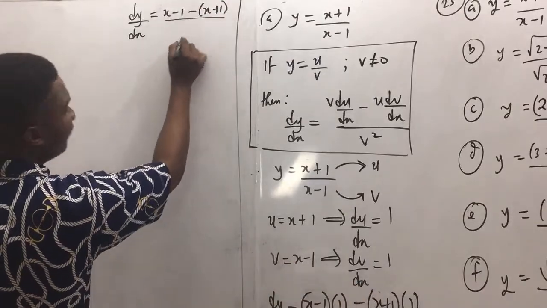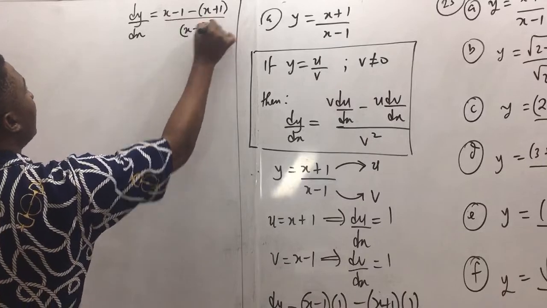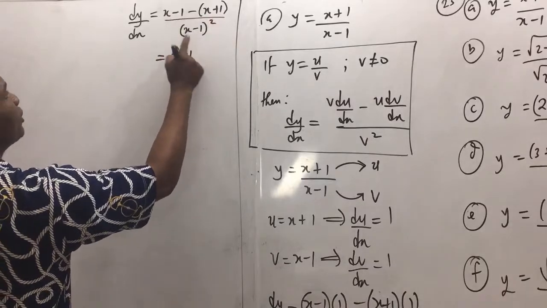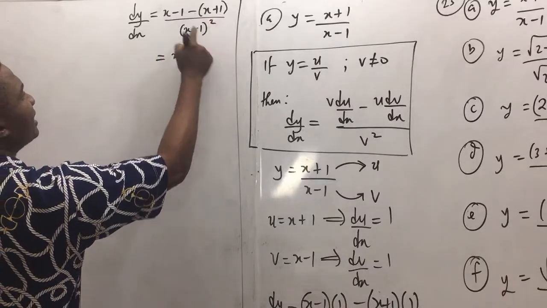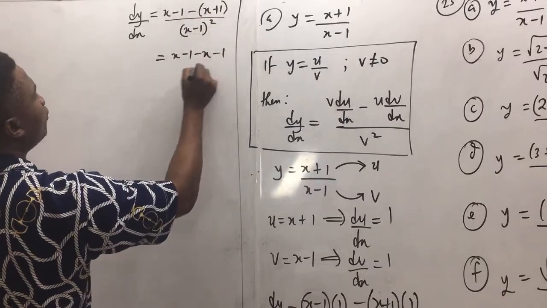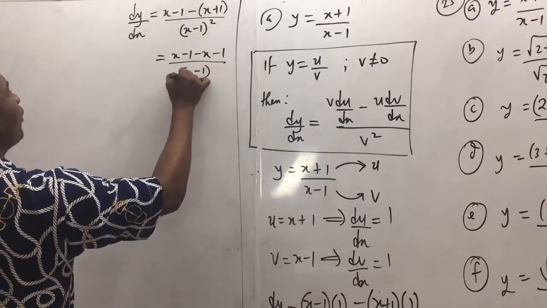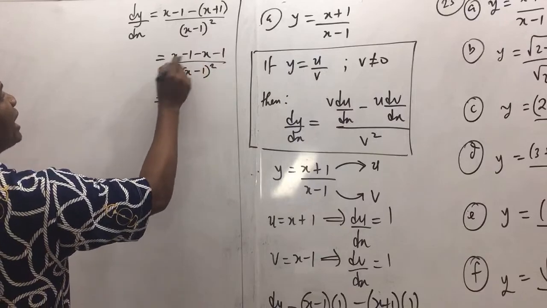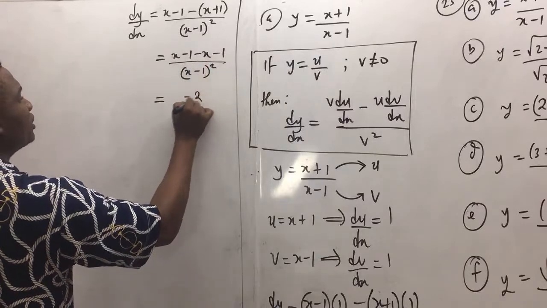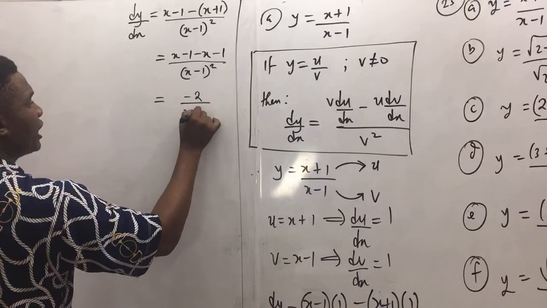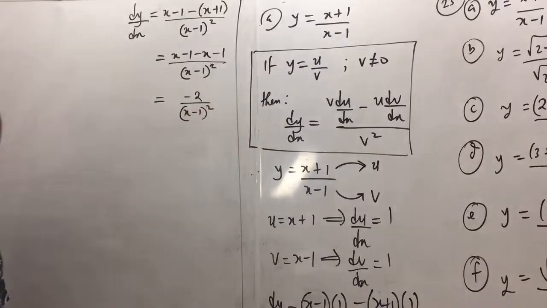So this will be all over x minus 1 all squared. And that simplifies to x minus 1, minus times x is minus x, minus times 1 is minus 1, all over x minus 1 all squared. Which simplifies to x minus x goes, and so you'll be left with minus 2 over x minus 1 all squared. So that solves that problem.